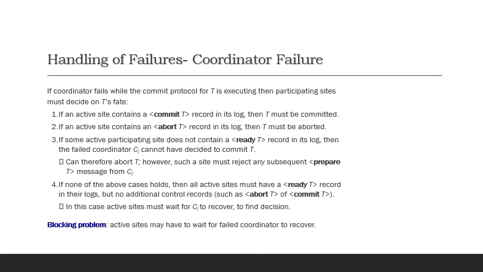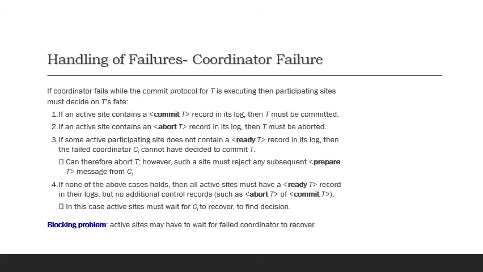Next, let's see what happens when the coordinator fails. If the coordinator fails while the commit protocol for T is executing, then participating sites must decide on T's fate. If an active site contains a commit T record in its log, then T must be committed.